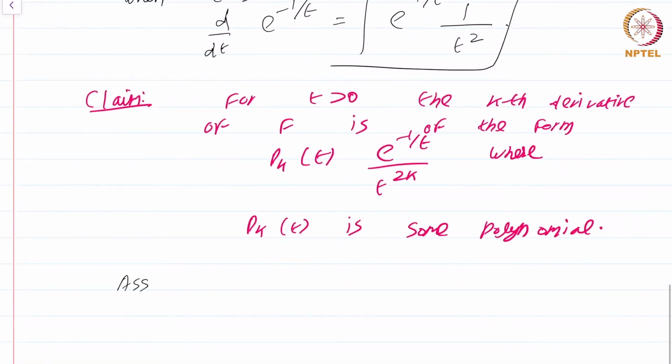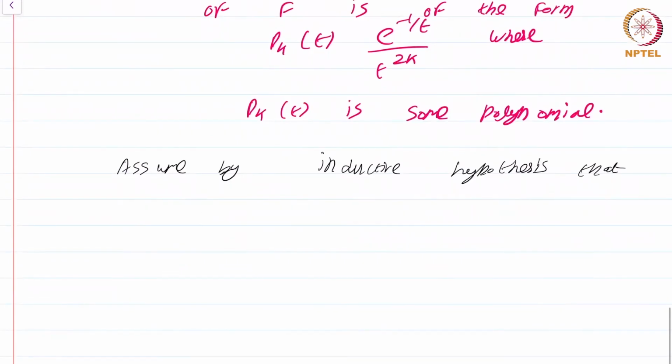So assume by inductive hypothesis that fn of t is actually of the form pn of t times e power minus 1 by t by t power 2n.